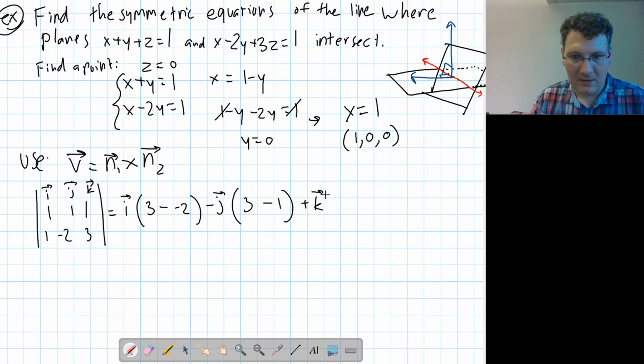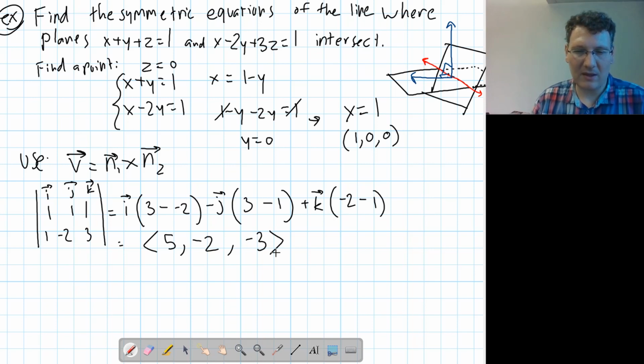Plus k times 1 times minus 2, which is minus 2, minus 1 times 1 is 1. So the vector is going to be written as 5, minus 2, minus 3. You can work that out a little slower and see exactly how that comes out, but we've done cross products a few times. I don't want to take too much time on the cross product.